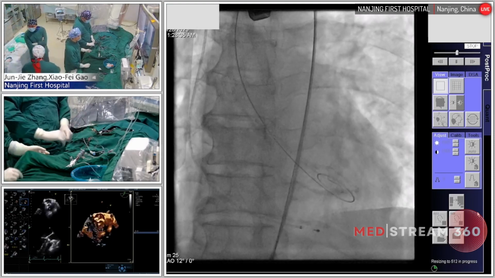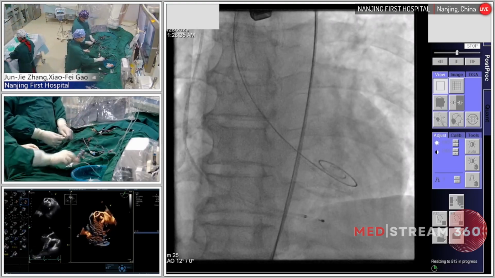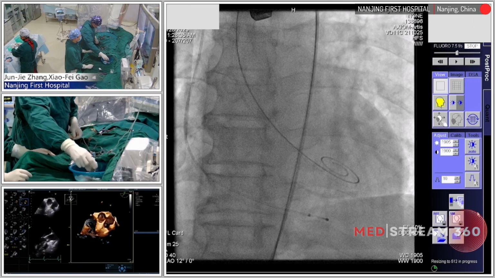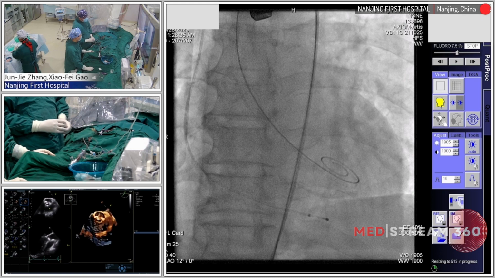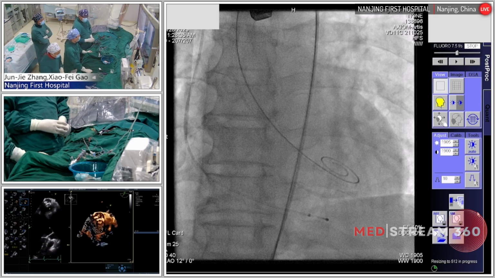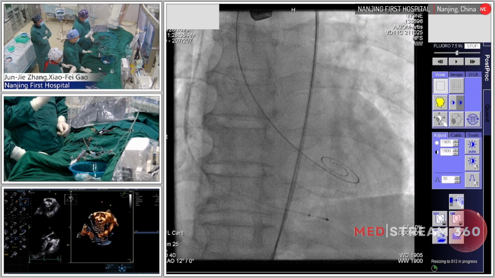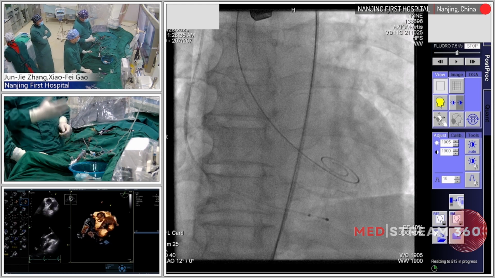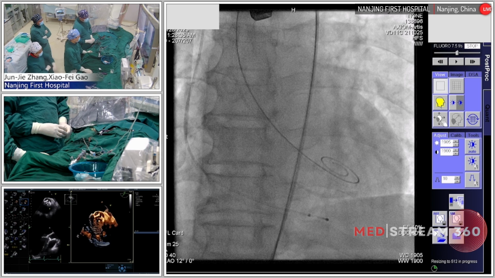For a balloon expanded valve, I think there are some advantages, especially for younger patients and low risk patients. Its frame is short, so there will be easier coronary access compared with the self-expanding valve. This is the first advantage. The second is, I think, a lower rate of PVR and a lower rate of pacemaker implantation after valve implantation compared with the self-expanding valve.